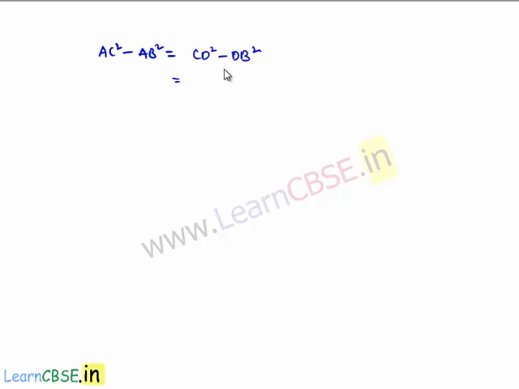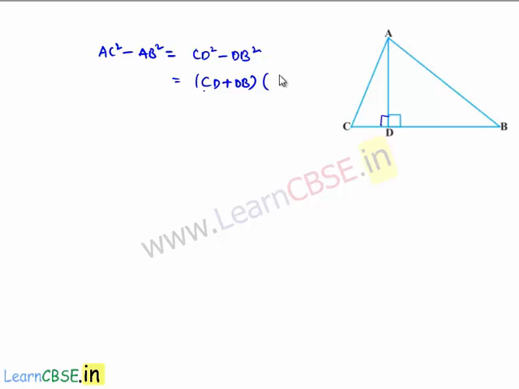This is in the form of A square minus B square, which can be written as A plus B into A minus B. That implies CD plus DB is nothing but BC, into CD minus DB, which is CD minus 3 times CD, then we get minus 2 times BC into CD.